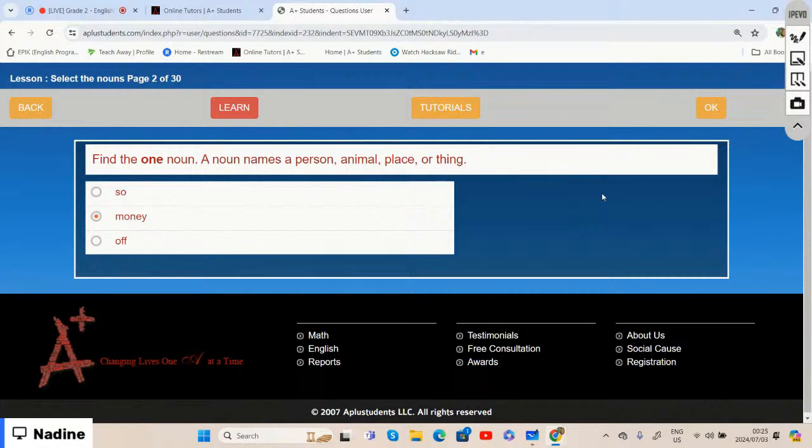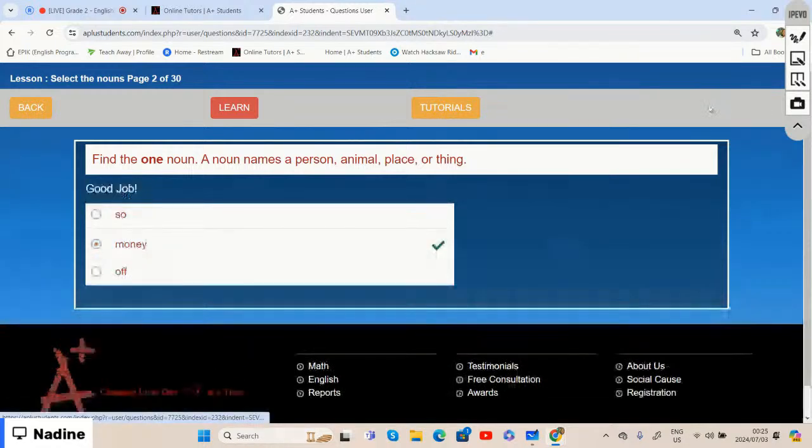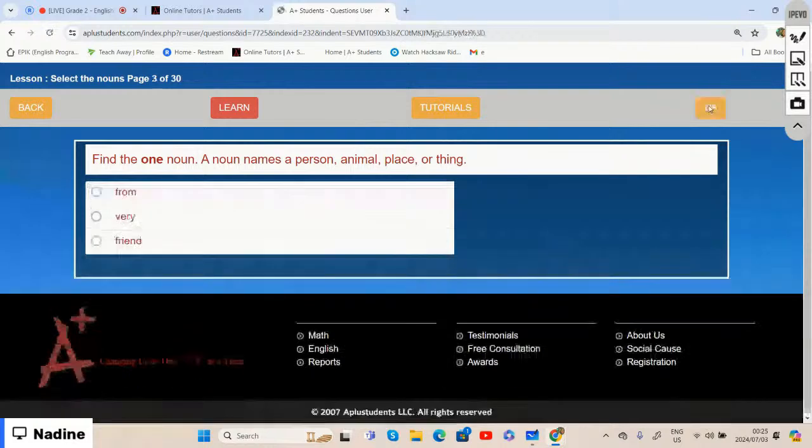And we can also say that money names a thing, right? Because money are things, right?